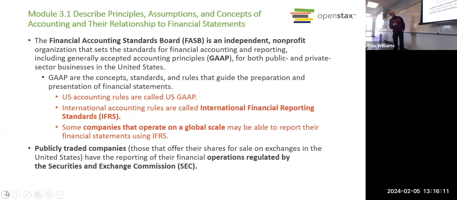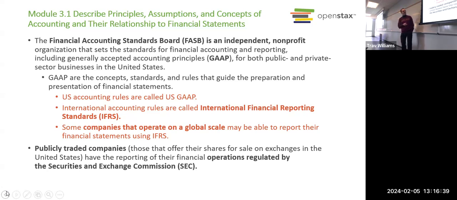So we know about GAAP, generally accepted accounting principles, and we know that they were created and continue to be modified by the Financial Accounting Standards Board, FASB. So that's who determines what the principles are that financial accountants should follow.